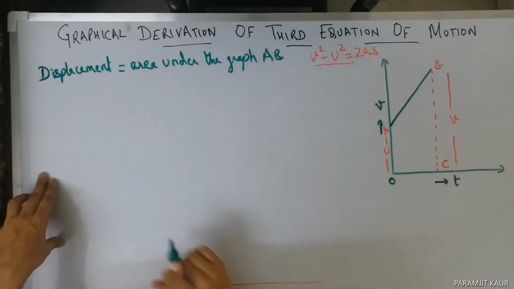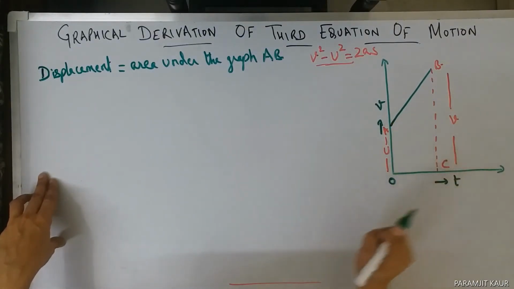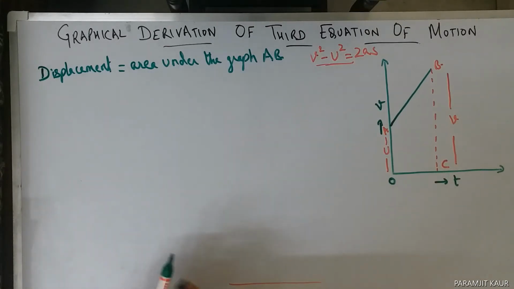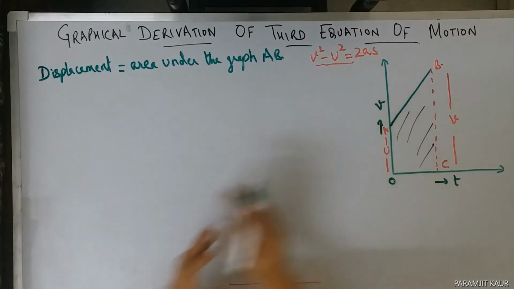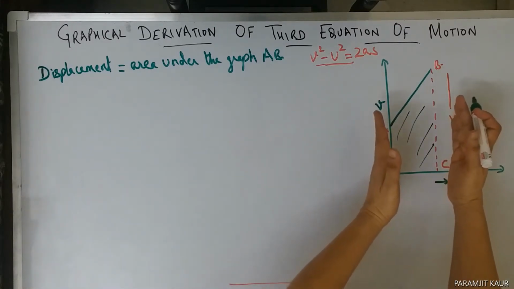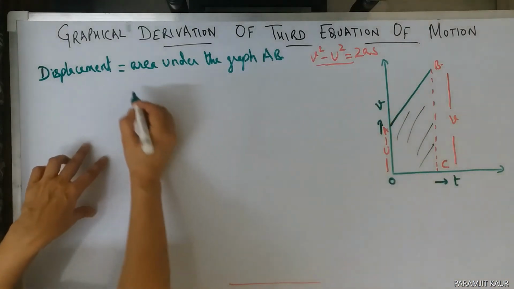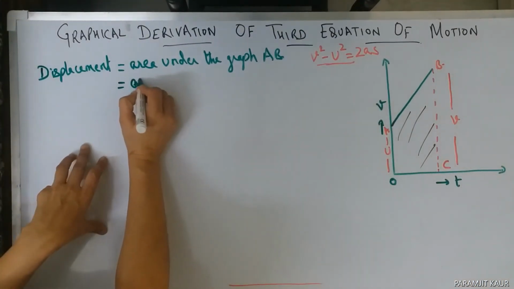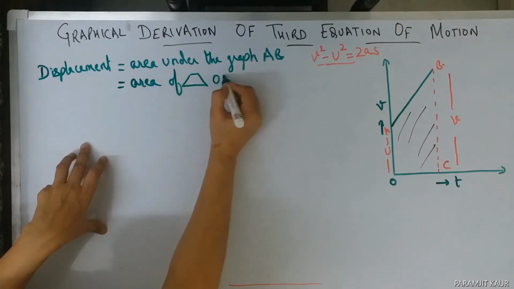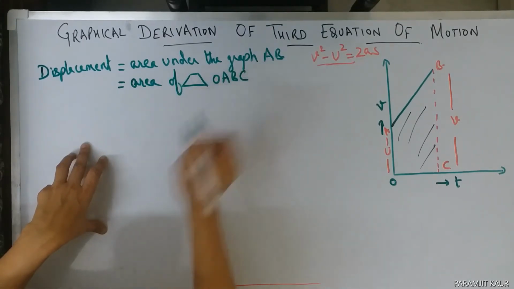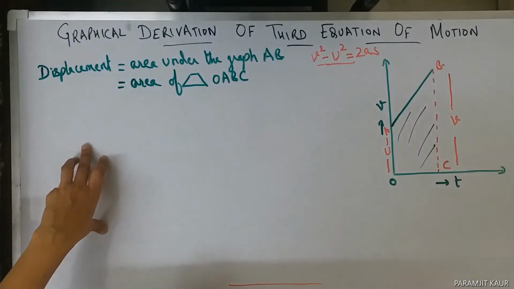Now how do we find out area? You need to check what shape is being formed under the graph. If you look at this shape, there are two parallel sides and two non-parallel sides. So it forms a trapezium. So I'll write area of trapezium OABC. That is the naming of my trapezium.